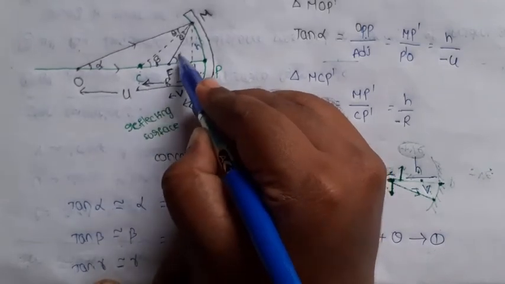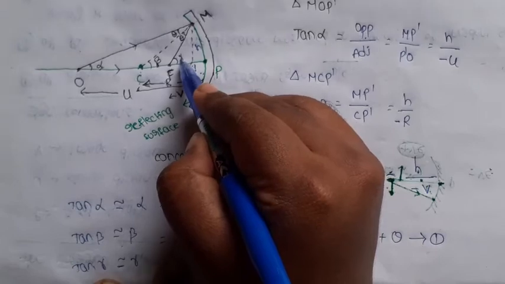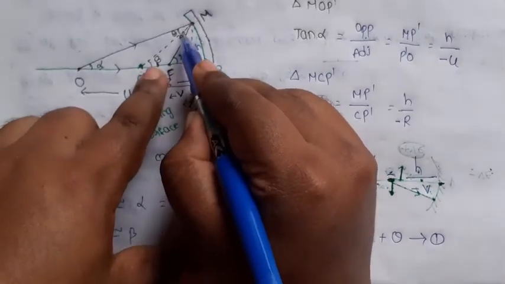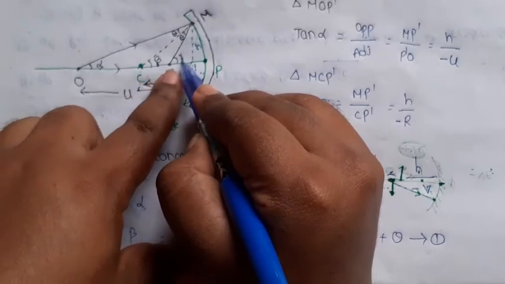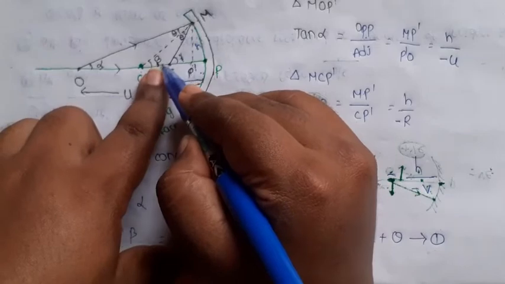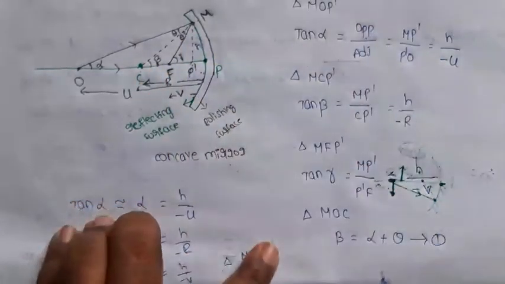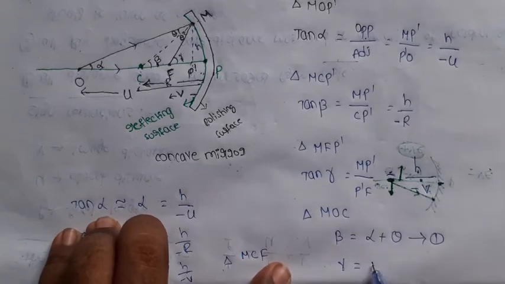So the exterior angle gamma is equal to the sum of the interior angles, beta plus theta. So gamma equals beta plus theta. That is equation 2.